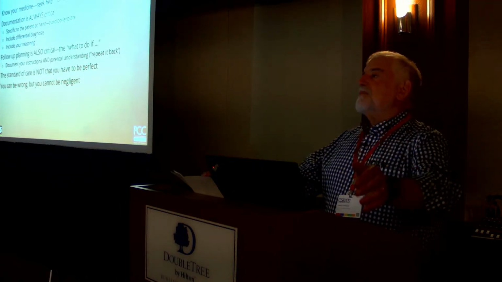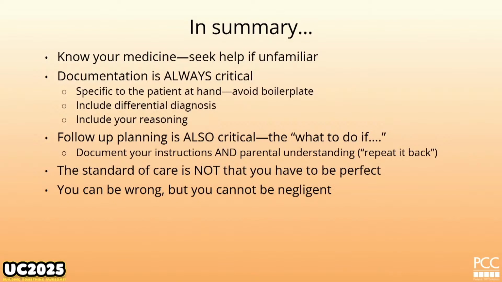So finally, in terms of dealing with adverse outcomes, the first thing obviously is to know your medicine. This goes without saying. If you're unfamiliar with the situation, seek help. When I think of that child with the transected tendon in the finger, when you have a deep cut in an area where tendons go on the fingers, it's important to look to a specialist such as a hand surgeon.